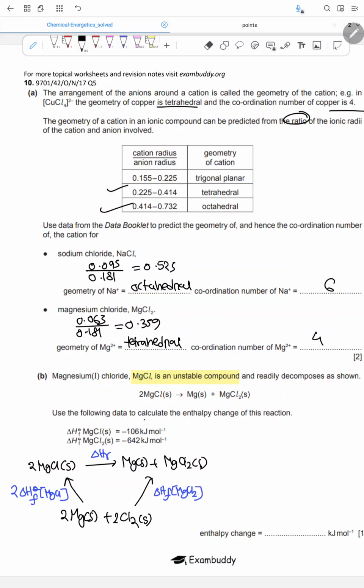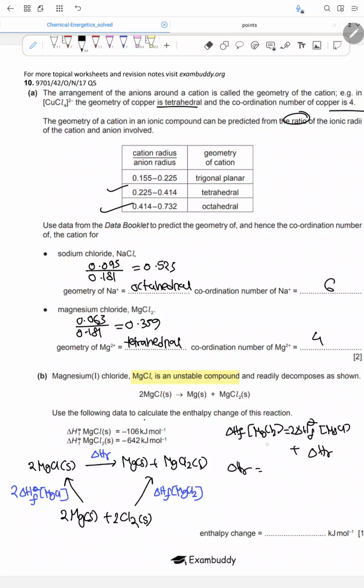Now, as you can see, why I have given 2 over here, because 2 moles of MgCl is being made. So we'll write formation of MgCl2 and 2 times formation of MgCl. So delta H R is formation of MgCl2 minus 2 times formation of MgCl.